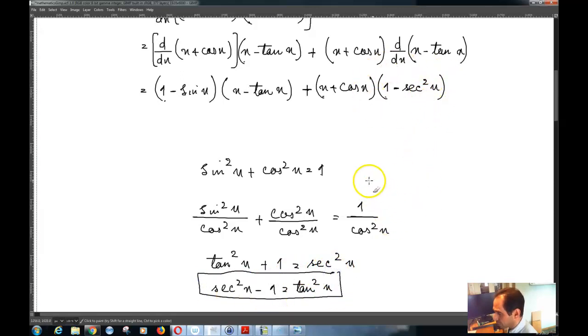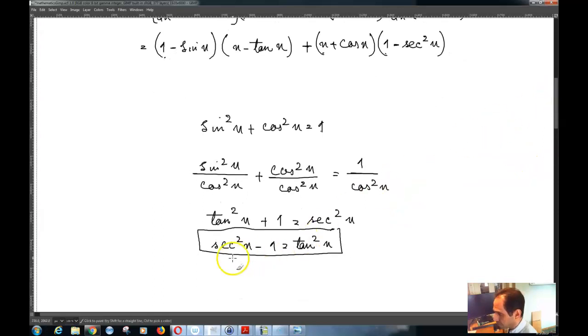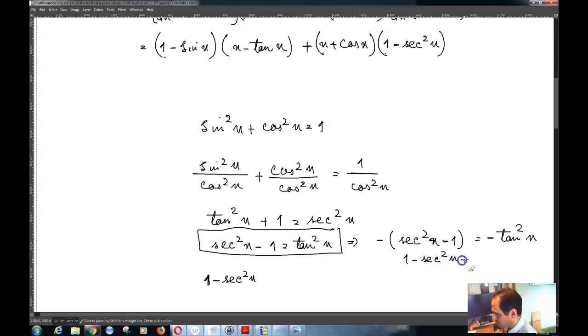Over here what I have is 1 minus secant squared x. So 1 minus secant squared x, this is secant squared x minus 1. So what that means is that I can write this as negative of secant squared x minus 1 is equal to negative of tan squared x.